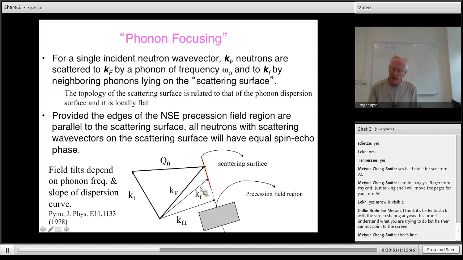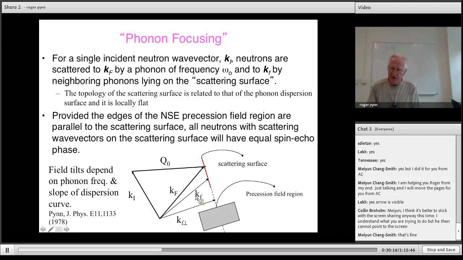How long does that line have to be? Well, it has to be such that the energy difference between this little kf and ki is the energy of a phonon at this point. So this scattering surface, if you like, defines what the phonon dispersion relationship looks like in this space.